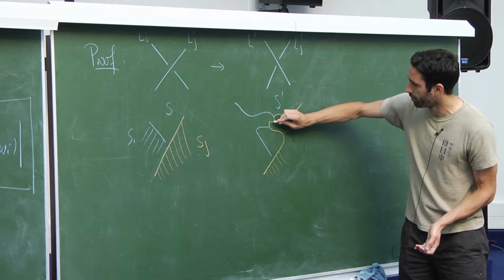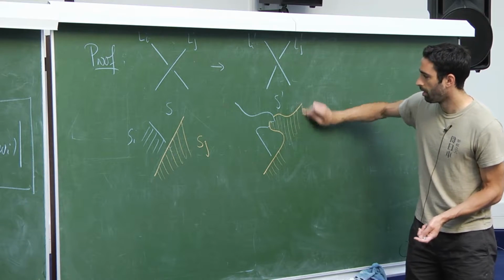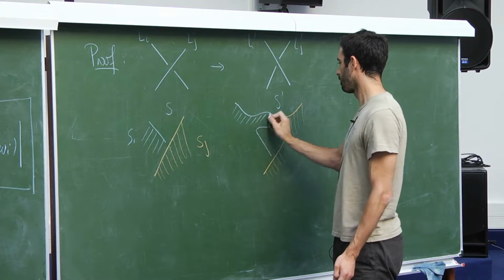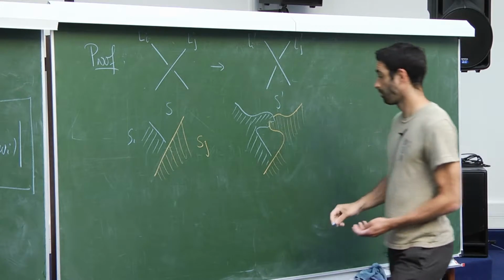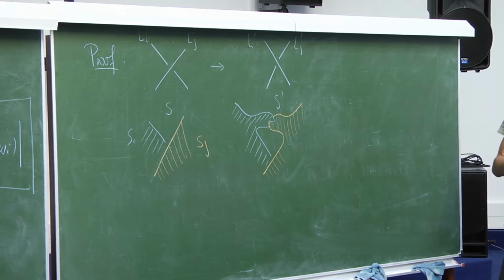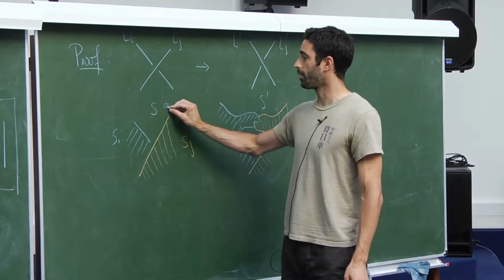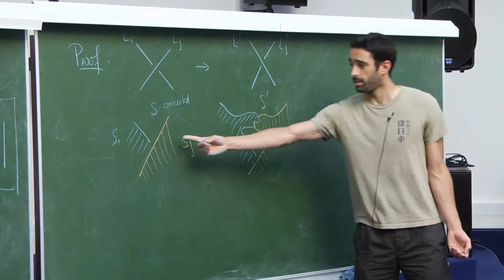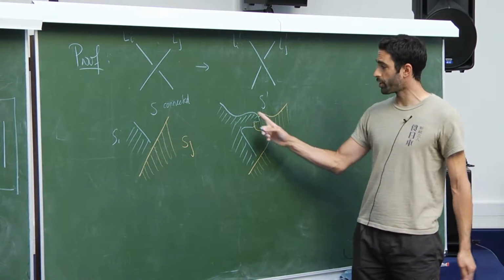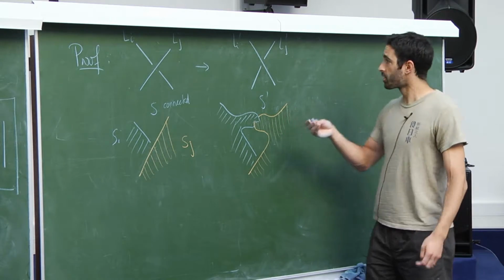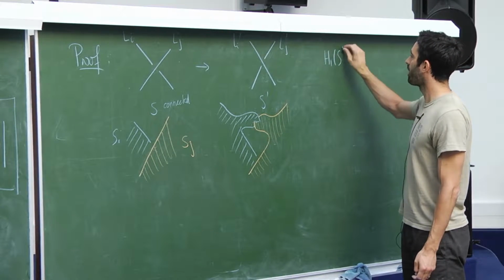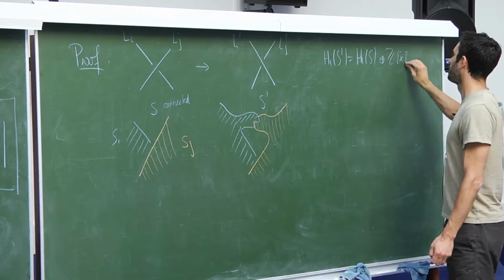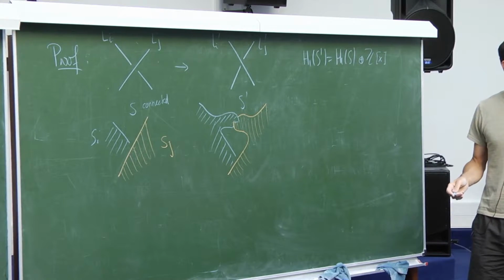And now here is my new C-complex S prime for L prime. And so let's just assume that S was connected. You can always do this. So what do we have? It's extremely easy. We just added the clasp intersection, which means we just have one more cycle coming in. And so we have H_1 of S prime is H_1 of S plus the class of a new cycle that you don't really care about what it's doing.